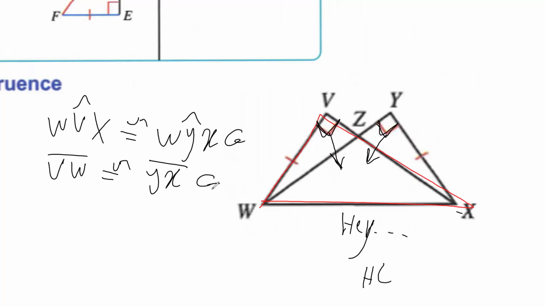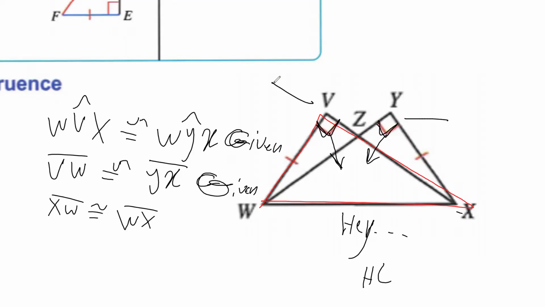Why? Because again it is given, that's why I'm going to write only G instead of given. Then XW is equal to WX. This one is already clear because XW is common between this triangle and this triangle, which is called reflexive property. By reflexive property, this one is called common line.